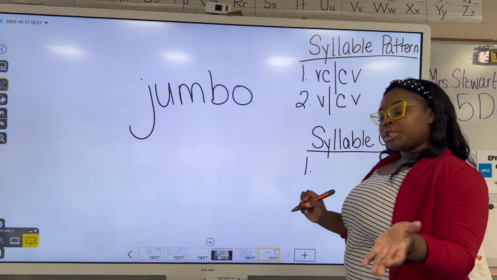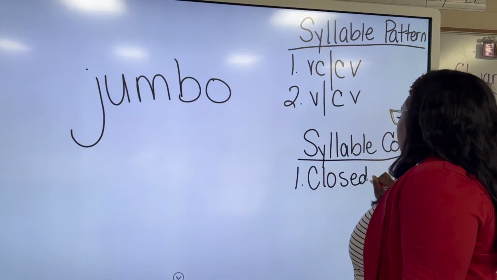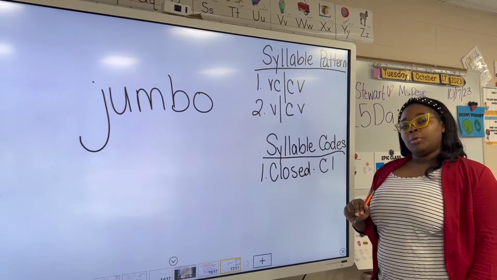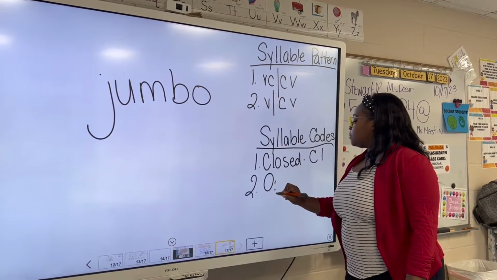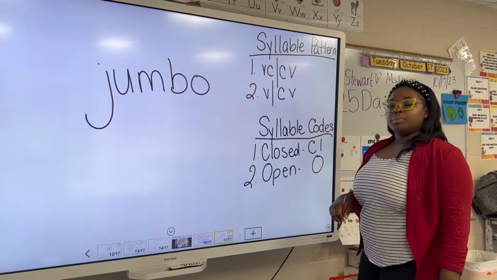First code, of course, would be closed, and I'm gonna code that CL. My second code is open, and that's just gonna be an O.